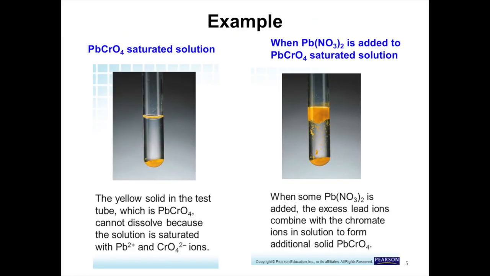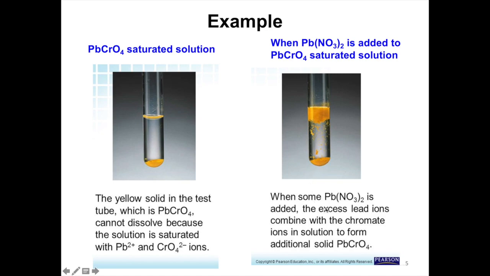Here's another example to show the effect of the common ion. Let's say a saturated solution of PbCrO4 consists of Pb2+ and CrO4 2-. When you add lead nitrate, Pb(NO3)2, into the saturated solution of PbCrO4, what's the common ion here?